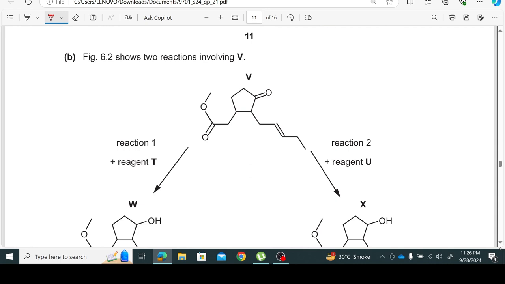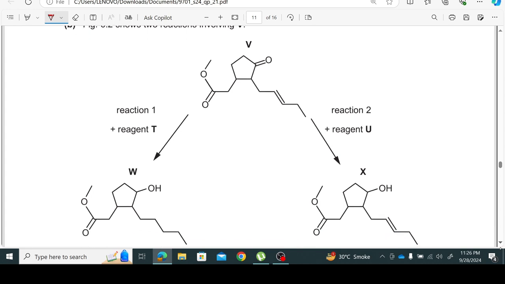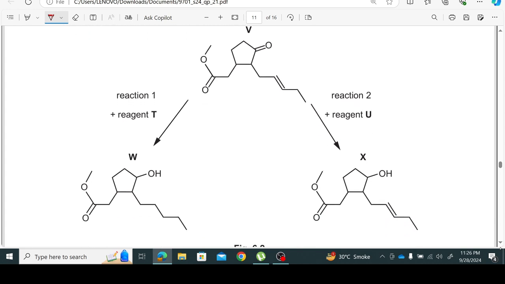Okay, show two reactions involving V, and in the first reagent you are converting V into this. So first we have three function groups: alkene, ketone is the second, and ester is the third. So what is happening actually? This function group you are converting into alcohol.